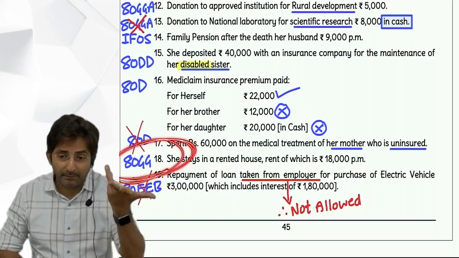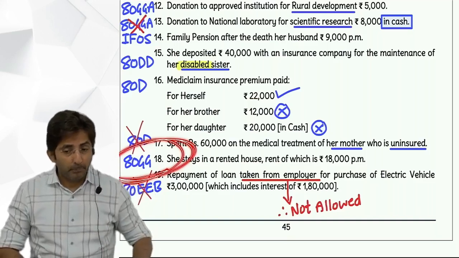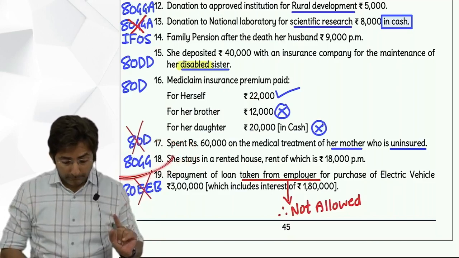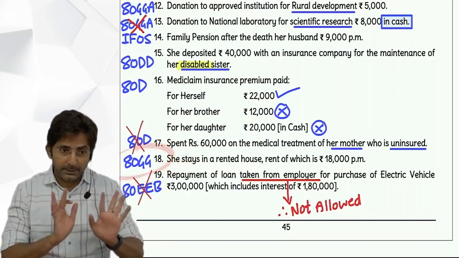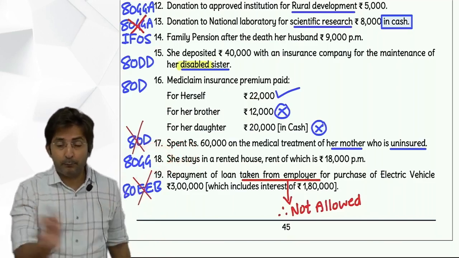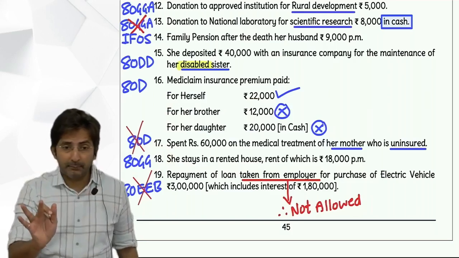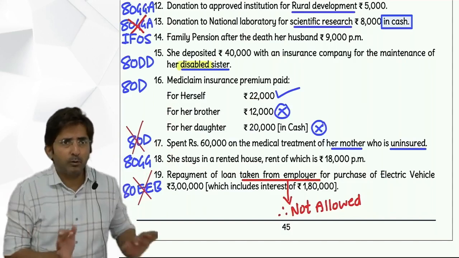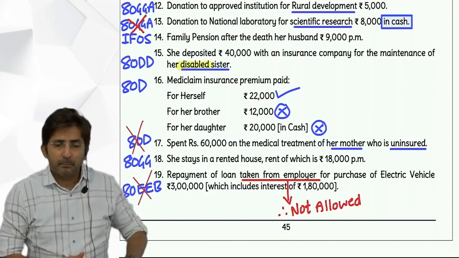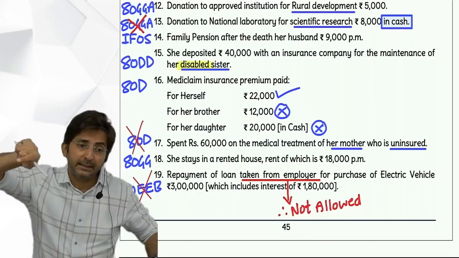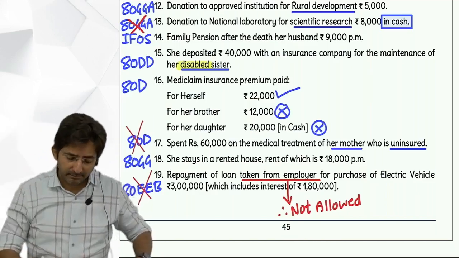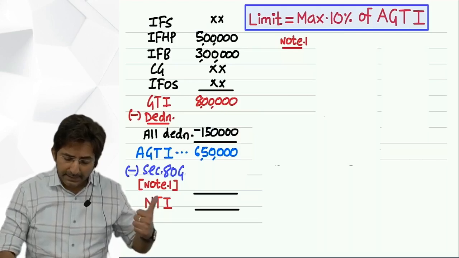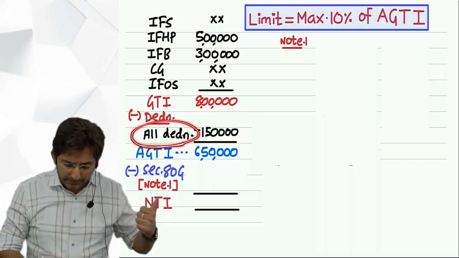Then what will happen? Because our protocol is what? If there is 80GG, we'll keep 80GG at the end and finish everything. So we should finish 80G also, so that only 80GG is left. But then if you want to finish 80G, what does AGTI say? That you minus everything but not 80G.